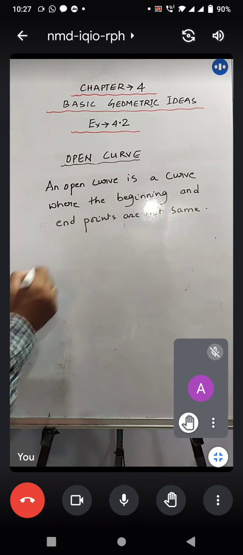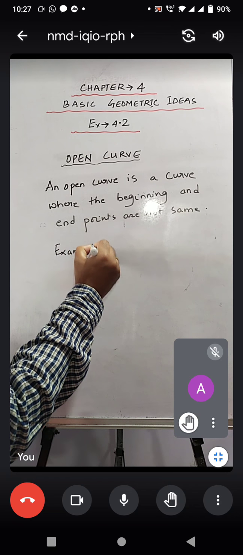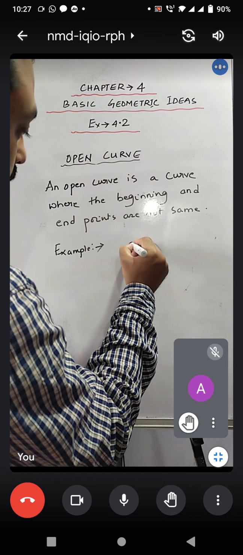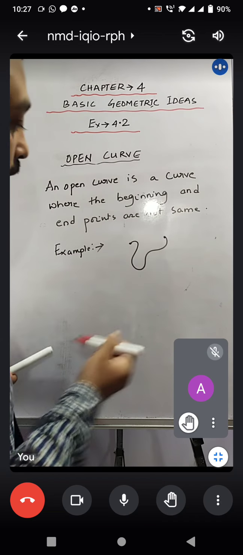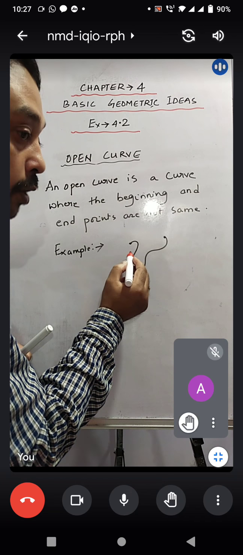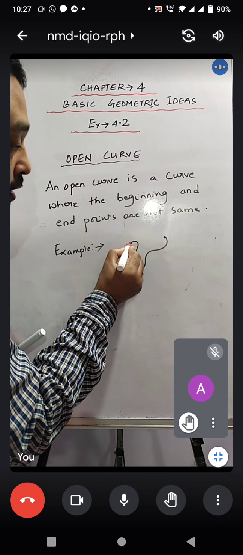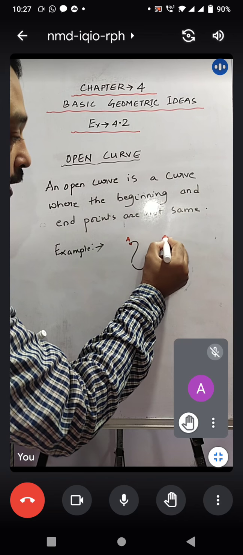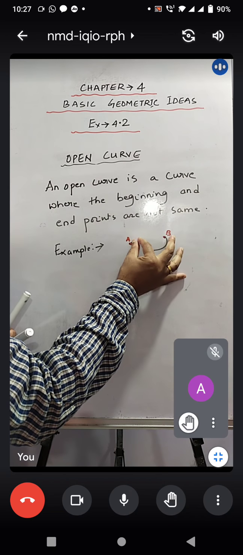Let me show you some examples. Suppose like this. You see, this is also a curve because I have drawn it without lifting my pen. But what is the difference? Suppose I have started from point A, my end point is not point A but somewhere different. So they are not connected to each other.